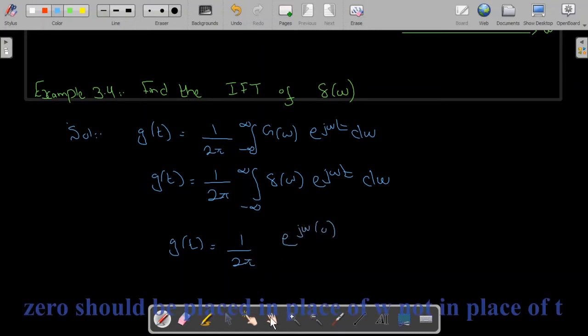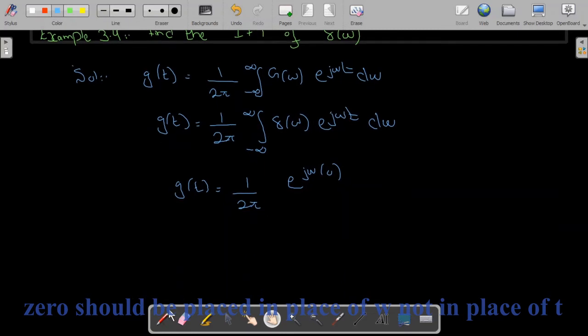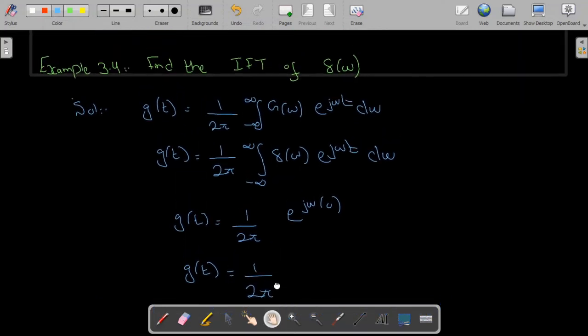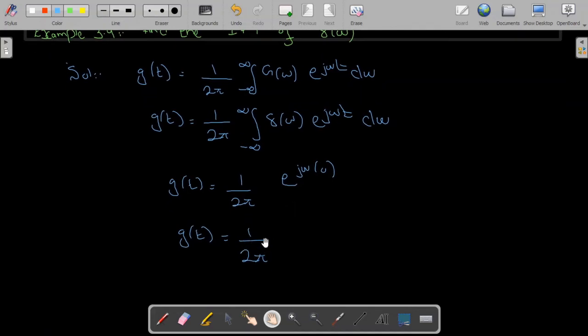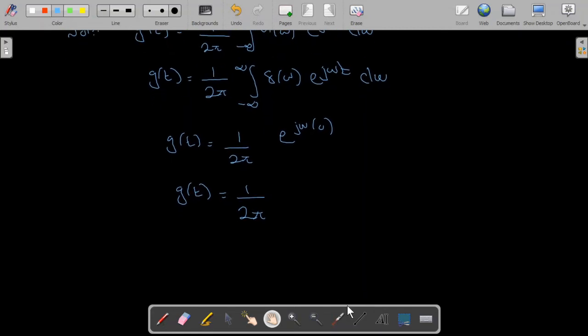So e power j omega 0 is actually e power 0, which is 1. So g of t is equal to 1 by 2 pi. So the inverse Fourier transform of delta of omega, that is the impulse signal, is equal to 1 by 2 pi.